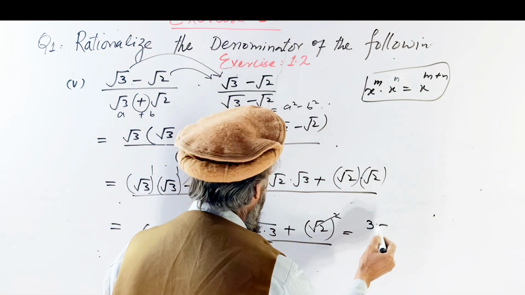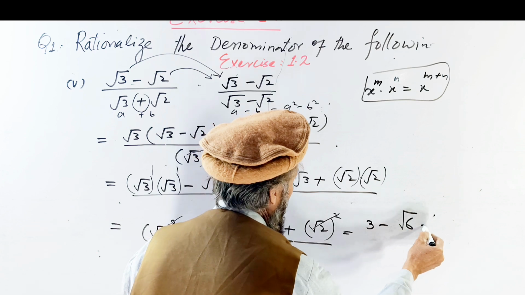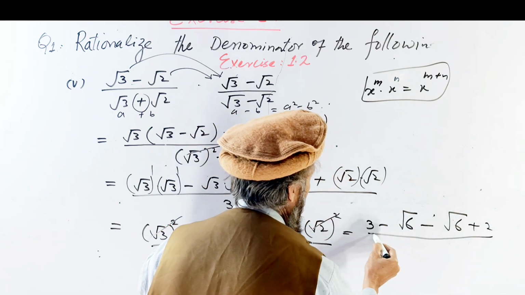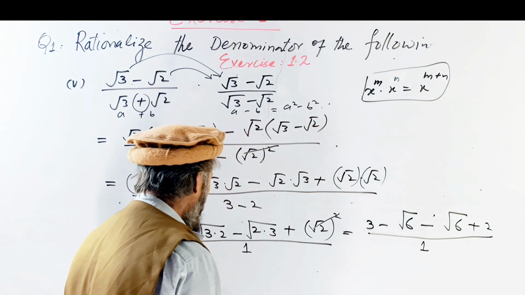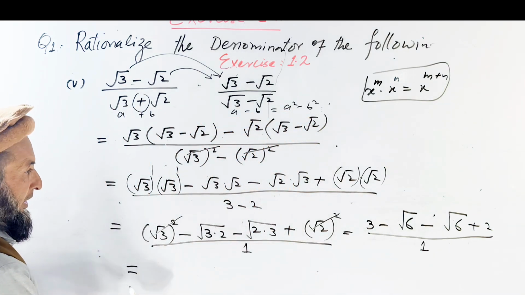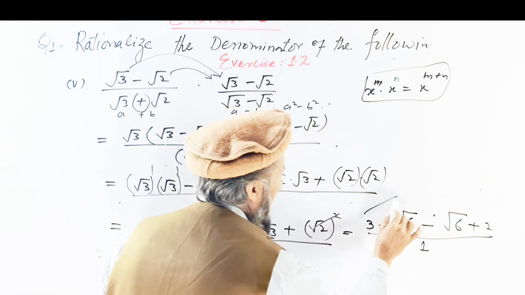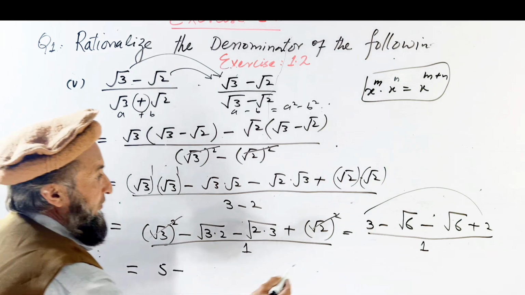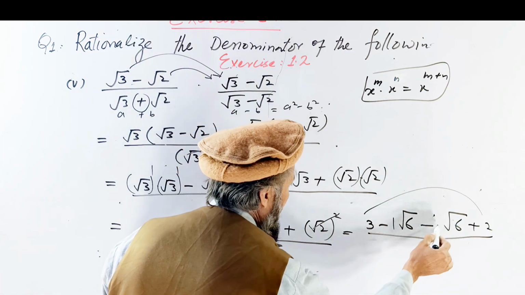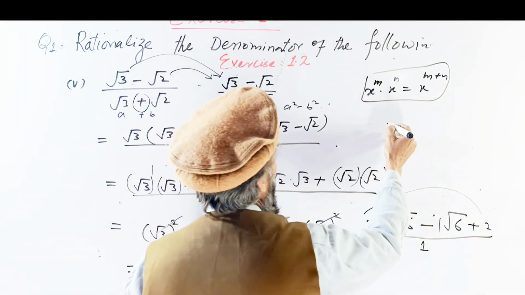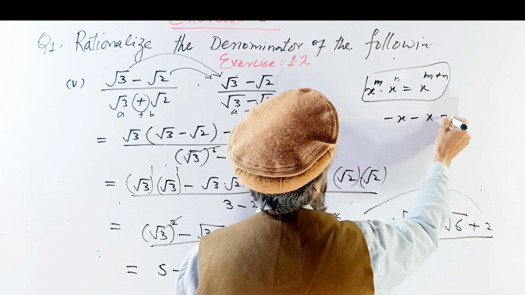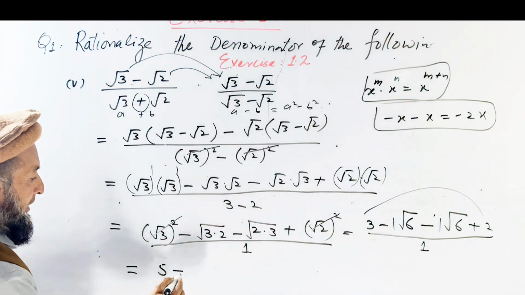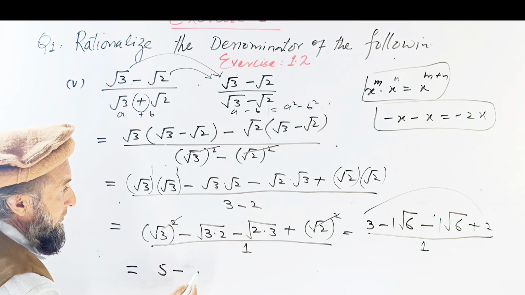We get here 3 minus root 6 minus root 6 plus 2, divided by 1. 1 is already in the denominator, so we can write it in this form also. 3 plus 2 we get 5, and root 6 and root 6, the coefficients must be added according to this property, so we can write minus 2 root 6.